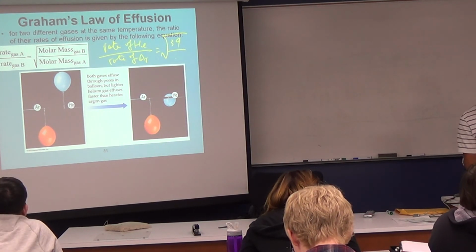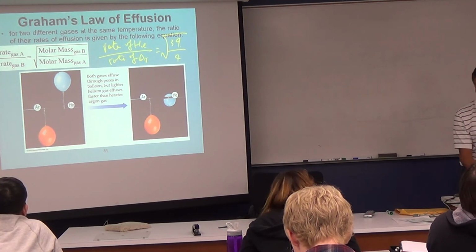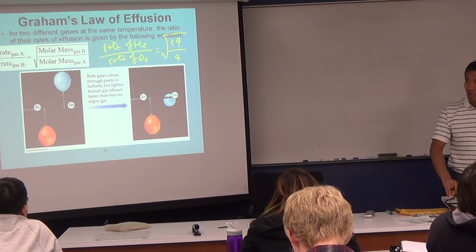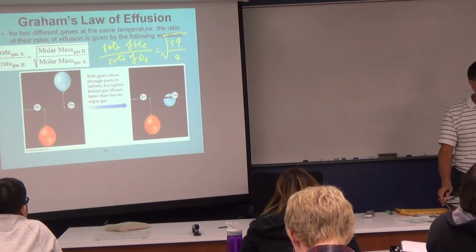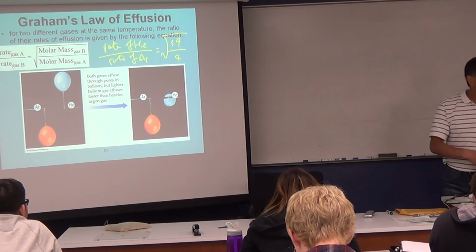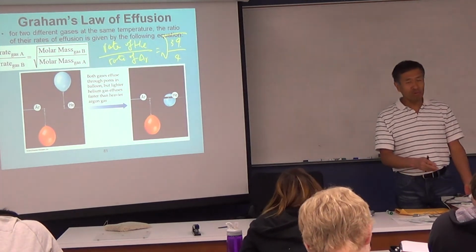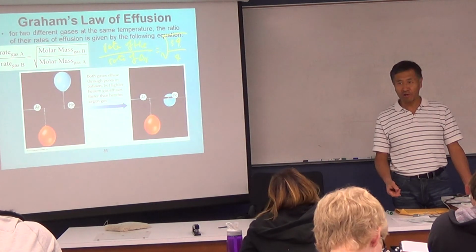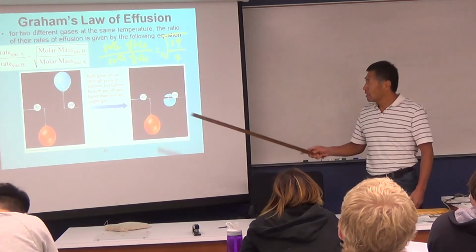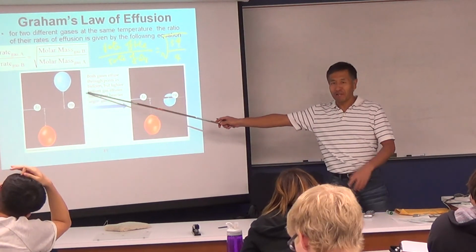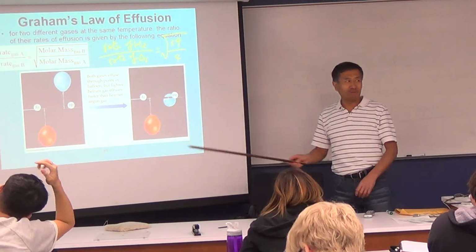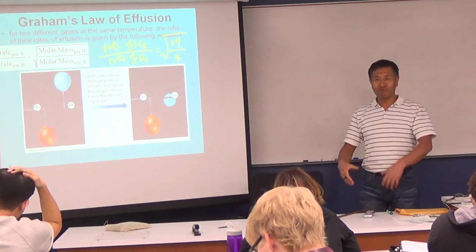And then what is the molar mass of helium? 4. The ratio is larger than 1, so you take the square root, still larger than 1, which means the rate of effusion of helium will be larger than the rate of effusion of argon, which means the balloon filled with helium will become empty first.